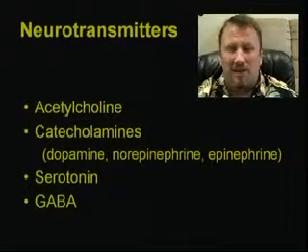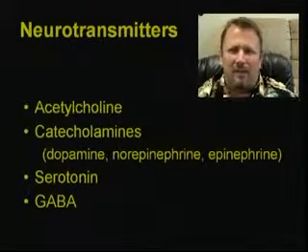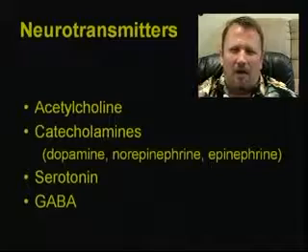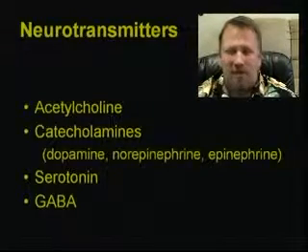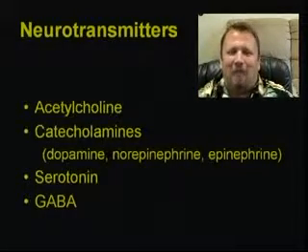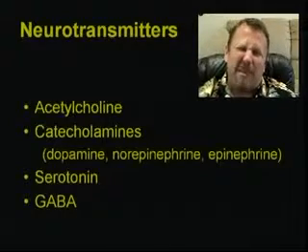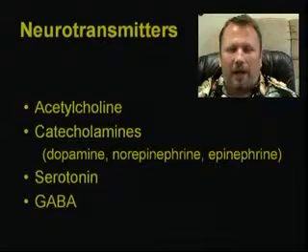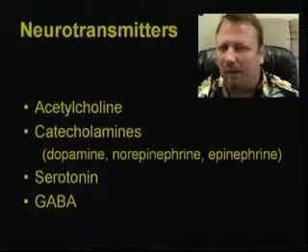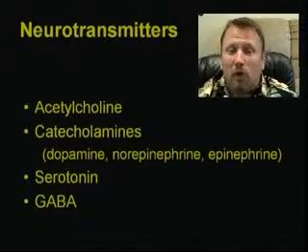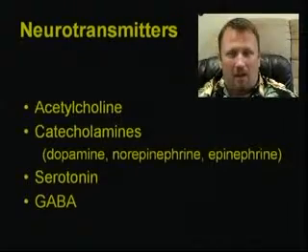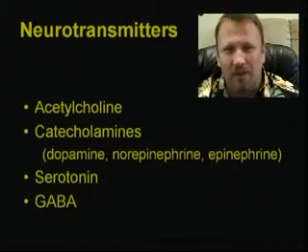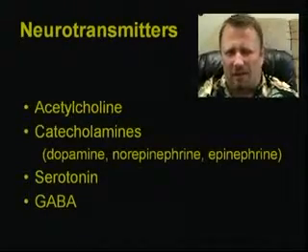Serotonin, 5-hydroxytryptamine, comes from the amino acid tryptophan, and gamma-aminobutyric acid, that's GABA. GABA is just fine if you can't say gamma-aminobutyric acid, and I'm sure you don't know too many people who can even say that. Try to say gamma-aminobutyric acid three times fast and tell me how you do.